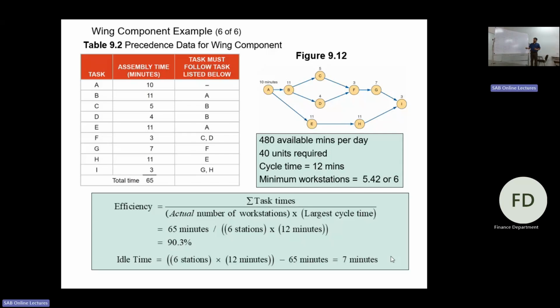That is 65 minutes divided by 6 workstations times a cycle time of 12 minutes. You get an answer like 90.3%, which is a relatively high efficiency.